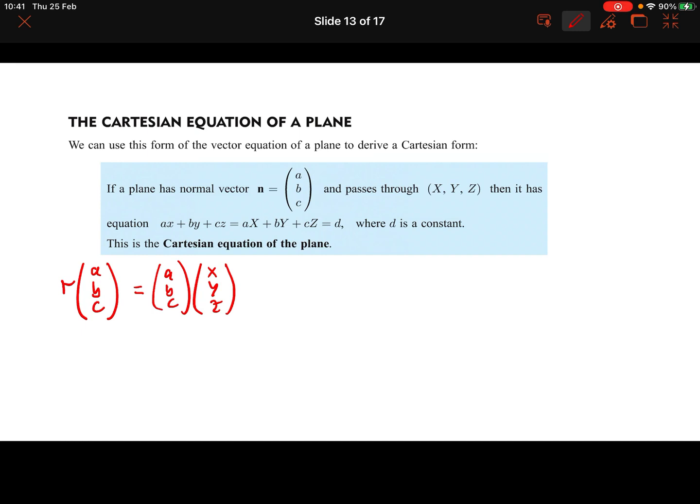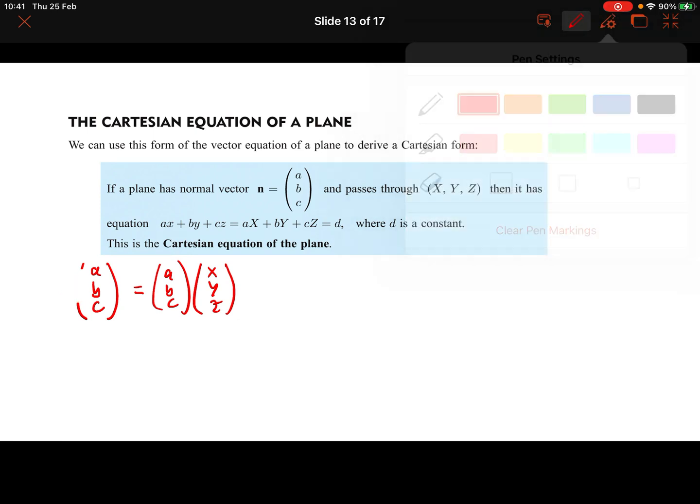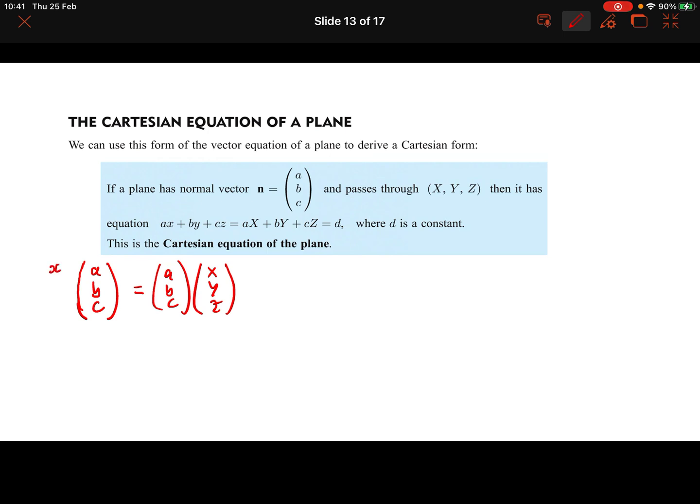And so this any point that is on the plane, we can just change this R, because R is going to represent any point on the plane, to just x, y, z. So remember, A, B, and C, and capital X, Y, and Z are just numbers. But the left-hand side is going to be the dot product, which gives AX plus BY plus CZ.